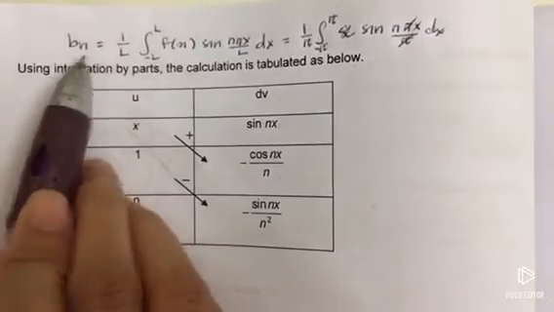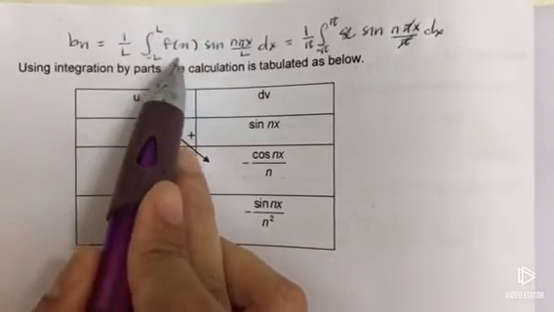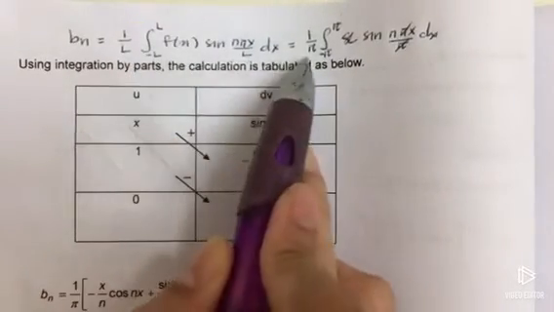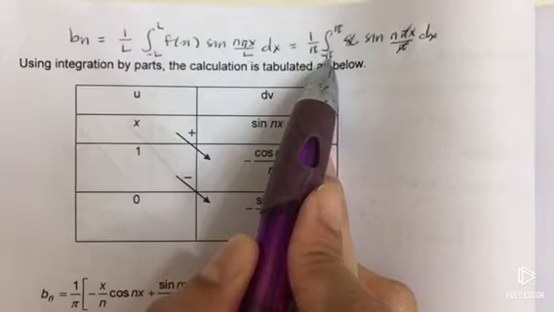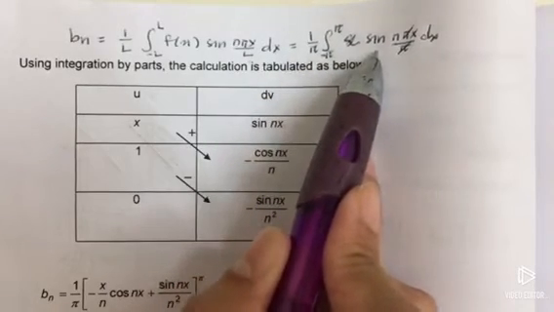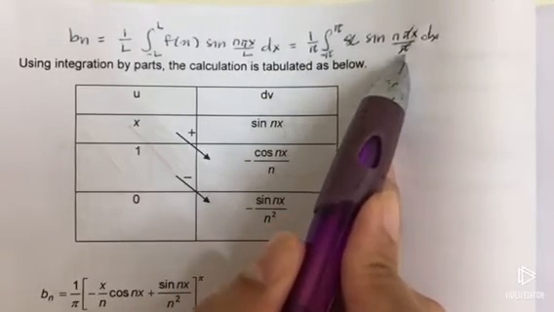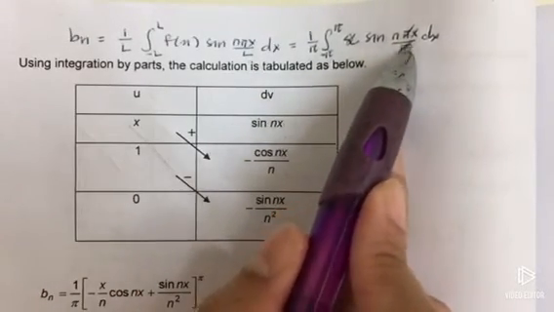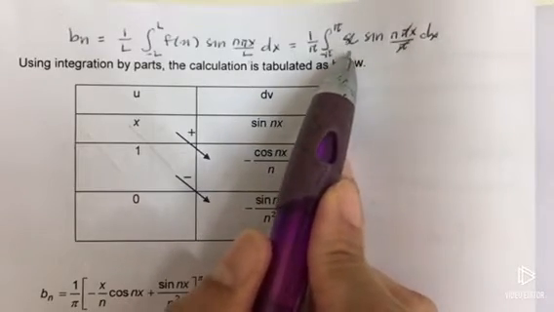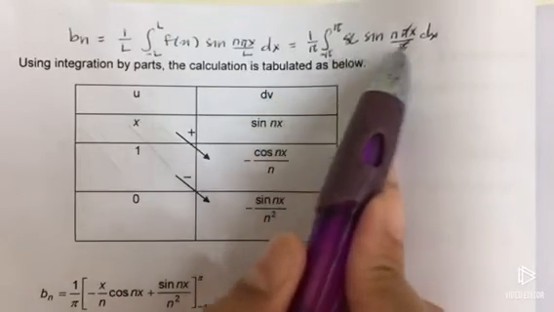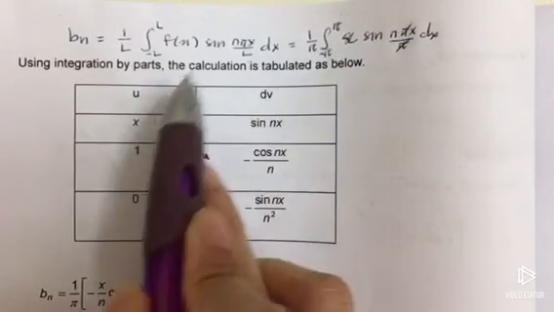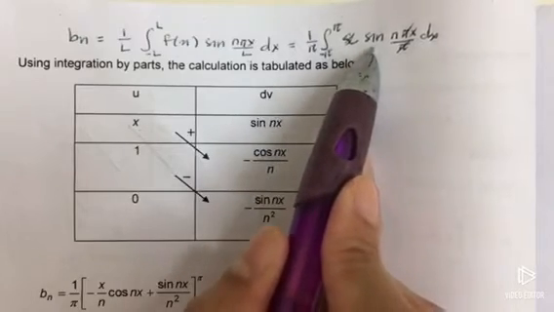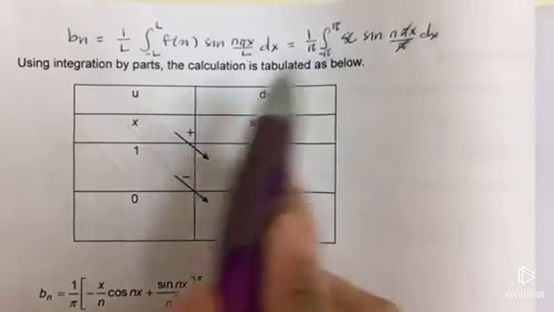Formula of bn: 1 over L, integral from negative L to L, f(x) sin n pi x over L dx. Substitute L by pi, so integrate from negative pi to pi, x sin n pi x over pi. Cancel out pi and pi, we get nx. Now we use tabular: u equal to x, v equal to sin nx.